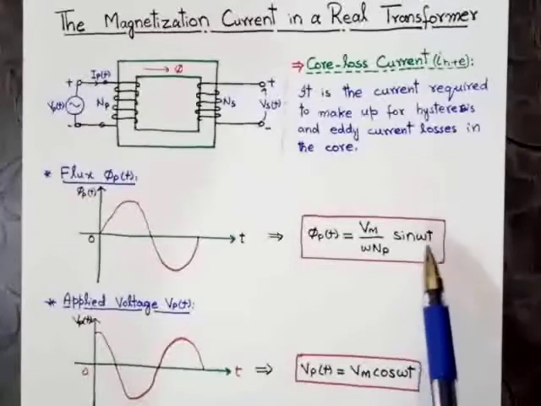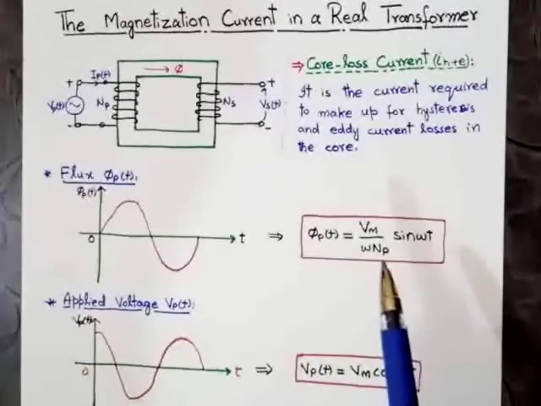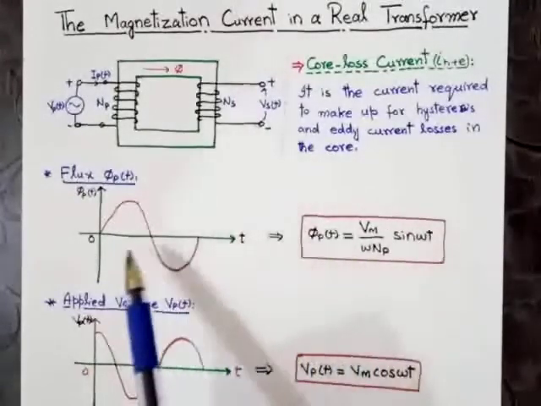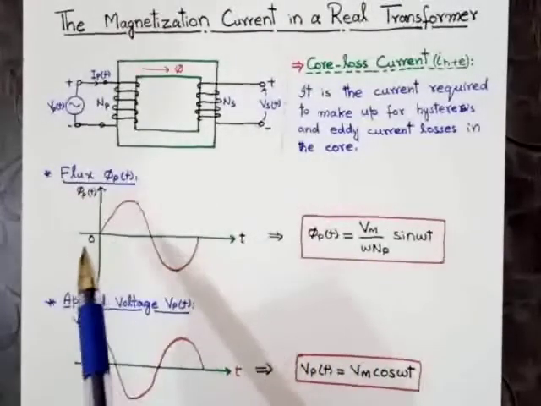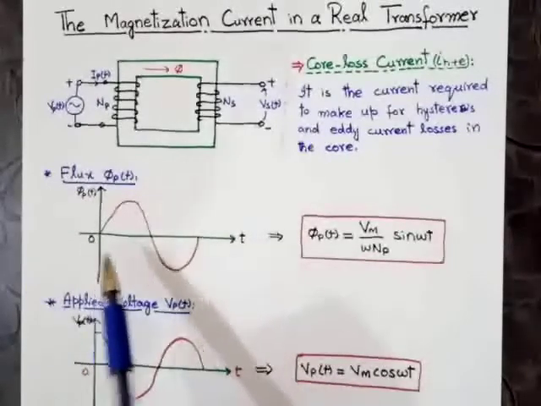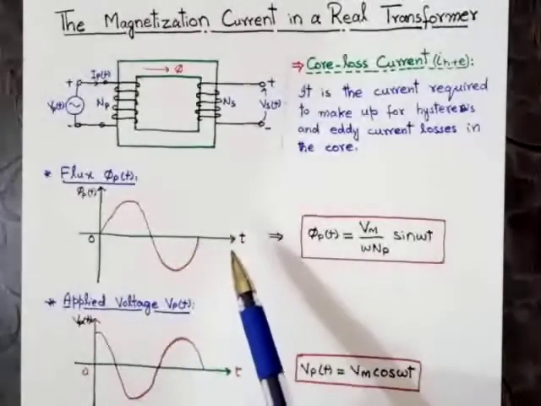At 90°, the average flux will be maximum. At 180°, the average flux will be 0. So this is the shape, or waveform, of the average flux due to the primary circuit, as we have already discussed.